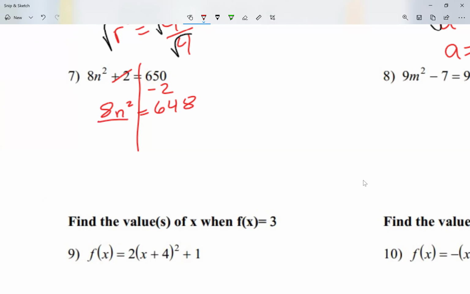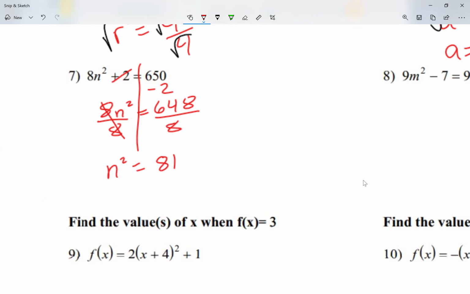Okay, let me divide this by 8. Use a calculator if you need to. 648 divided by 8 happens to be 81.